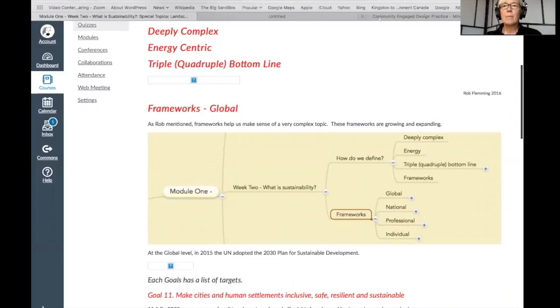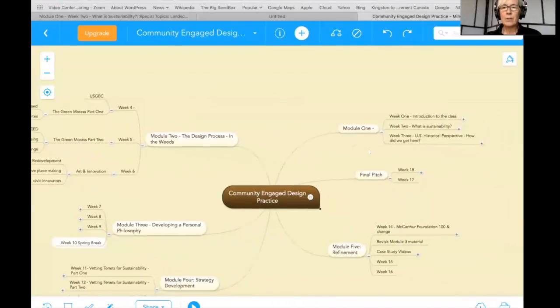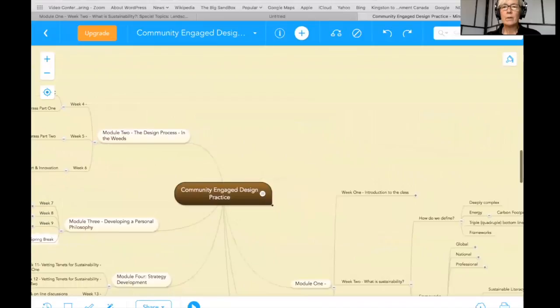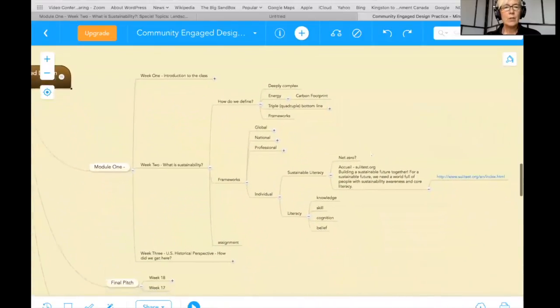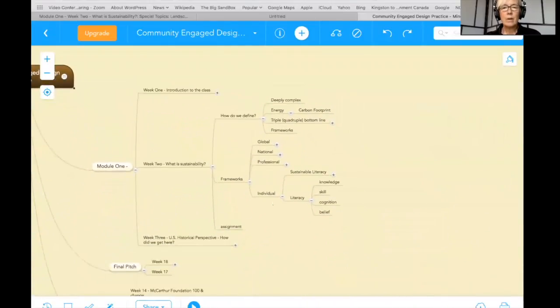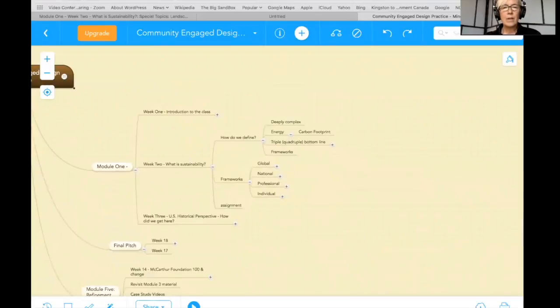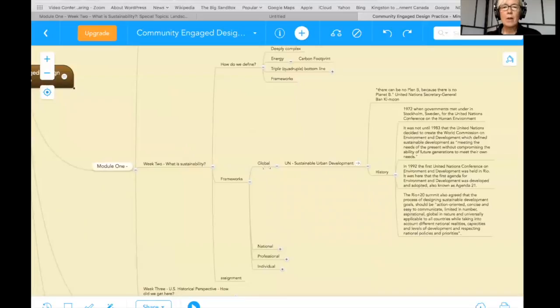So when we talk about frameworks, we're going to go over here and go into each one of these. At that global level, we are definitely looking at the UN and their new sustainable urban development.